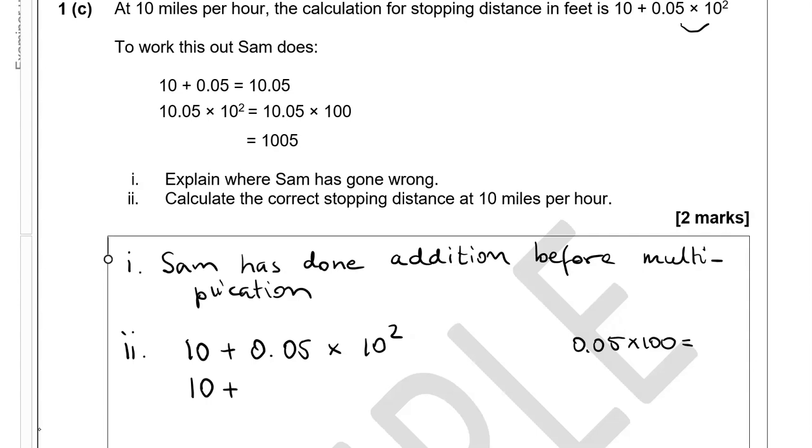We know that when we multiply by 100, the decimal point moves 2 places to the right. So there's 1, 2. So then we would have 5. So we are now adding 10 and 5, which gives us 15. 15 feet.